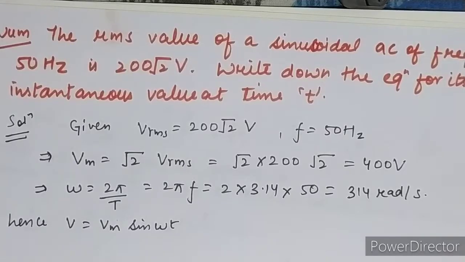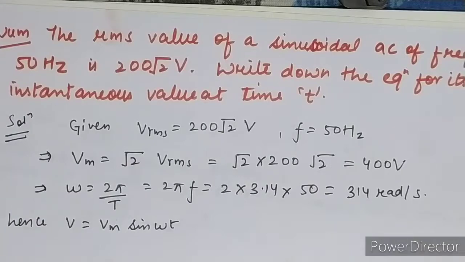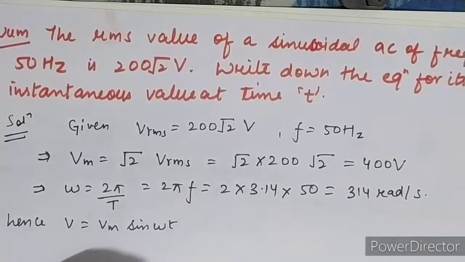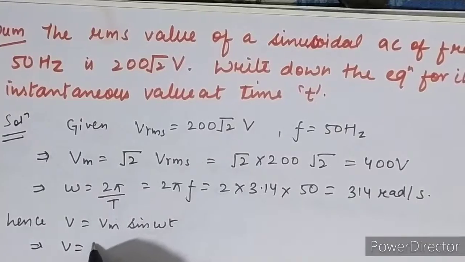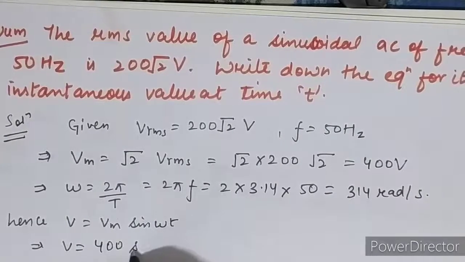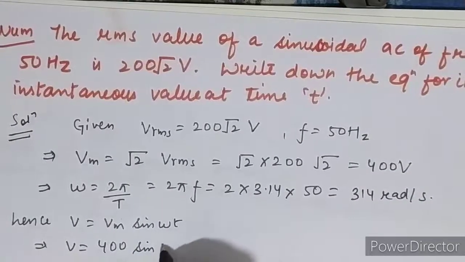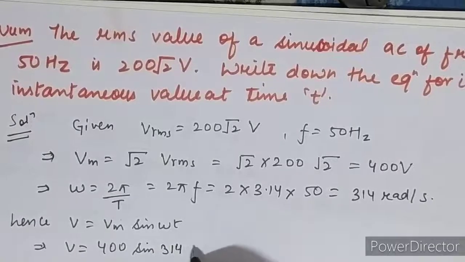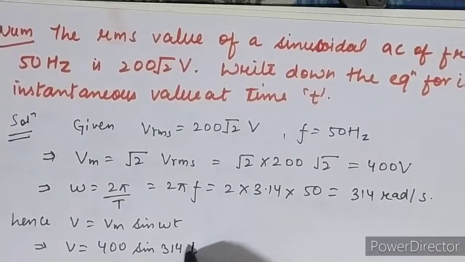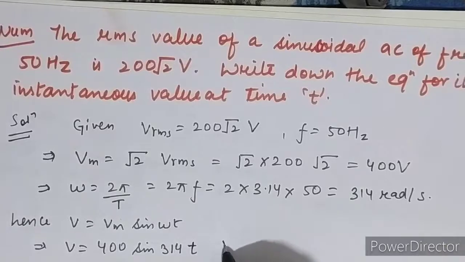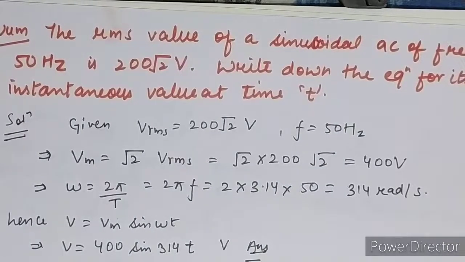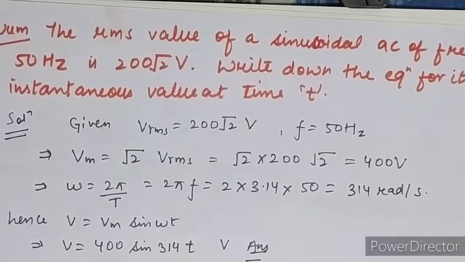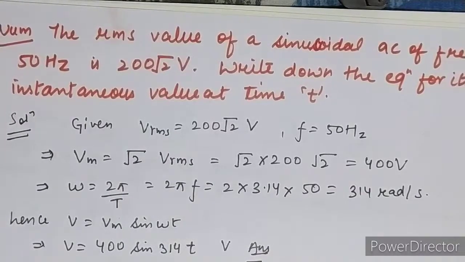But it was only asking about the instantaneous value. So we put in all the values. V means the peak value, that is 400, then sin of 314 t volt. This is your answer. Clear? Okay. So such types of questions will come across to you.